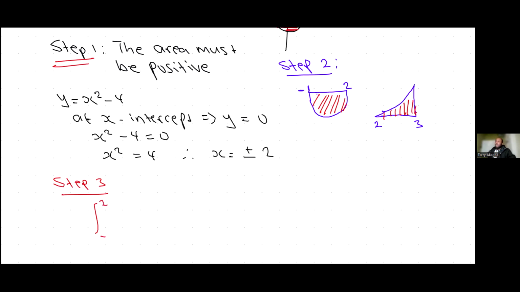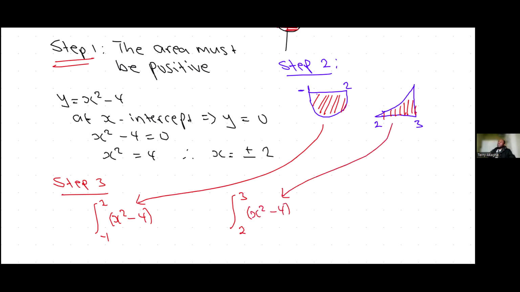And the function we had was x squared minus 4. While for this one, it's going to be the integral of what? Between 3 and 2, x squared minus what? 4. And that will be for this one. So you see, we've separated it into smaller integrals.